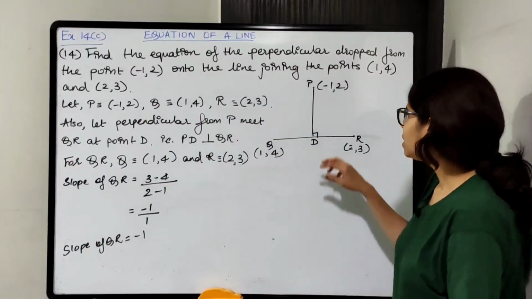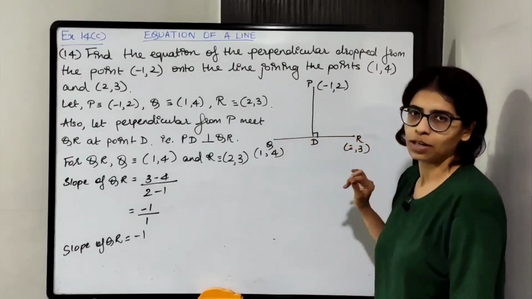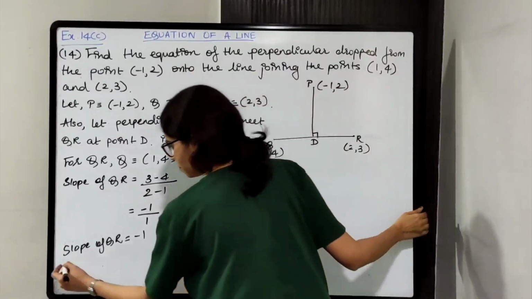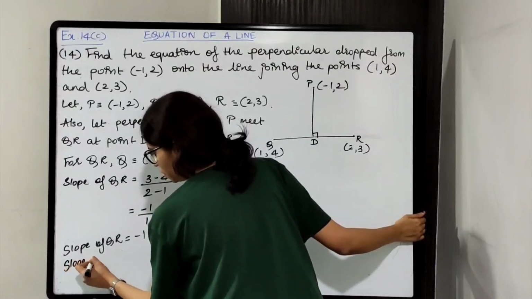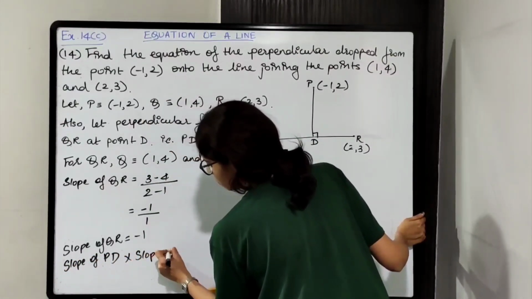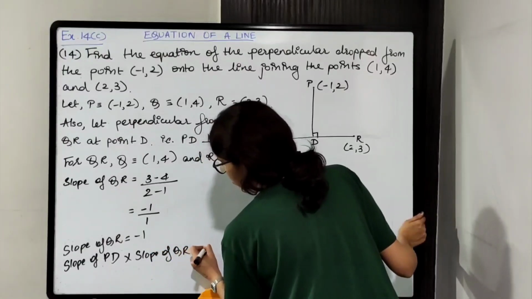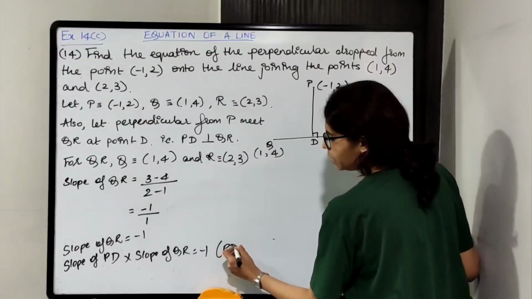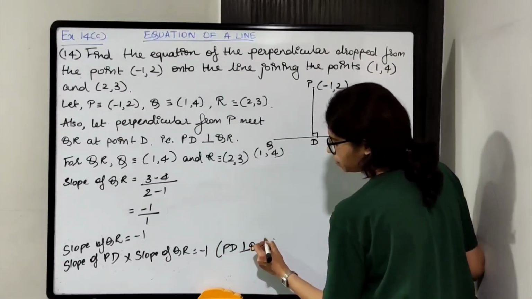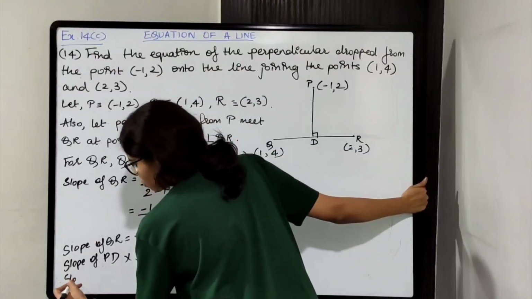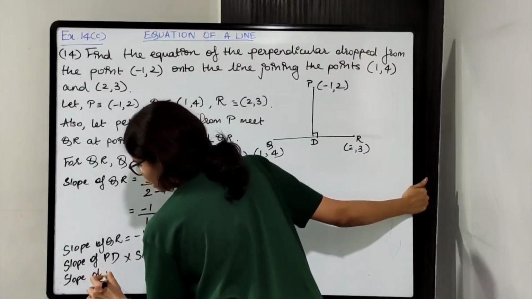We know that these two lines are perpendicular, PD and QR. So the product of their slopes is -1. Slope of PD into slope of QR is equal to -1. You can give the reason over here: PD is perpendicular to QR. This we have to find out, so keep it as it is. Slope of PD as it is.